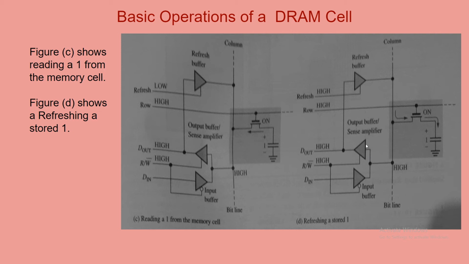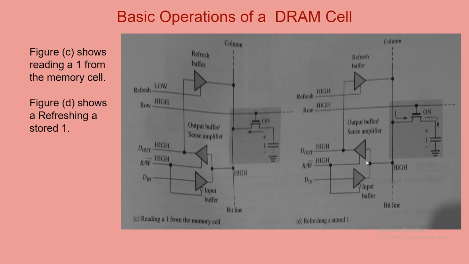This output buffer is enabled, and the row line should be high and the refresh input should be high. When the row line is high, this transistor is on and this capacitor is connected to the bit line. Here the binary bit is 1, so that high voltage is connected to the bit line. Therefore the bit line voltage is at a high level.